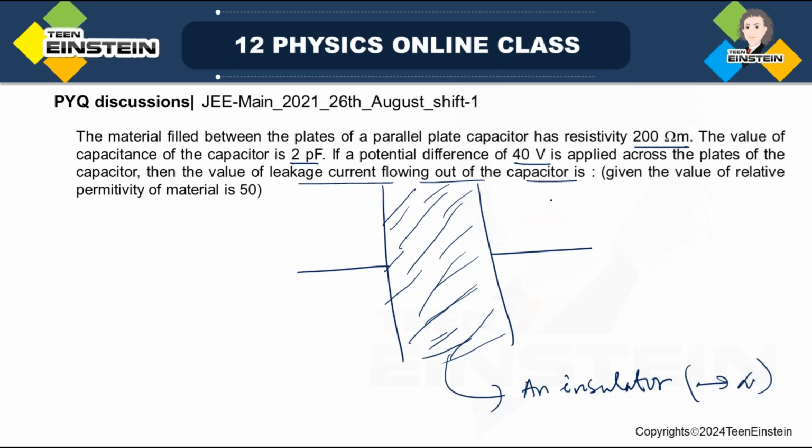So what is leakage current? If the material between the plates is a conducting one, then as you apply the potential difference, there will be flow of current through this. It will be conducting, and that particular current is actually called leakage current. So what is this leakage current?